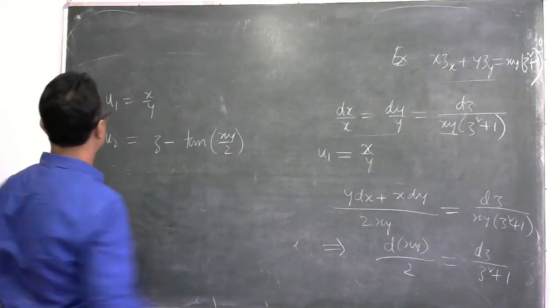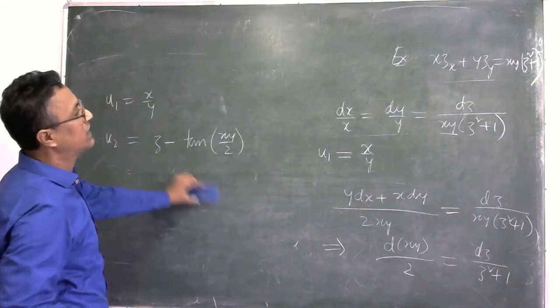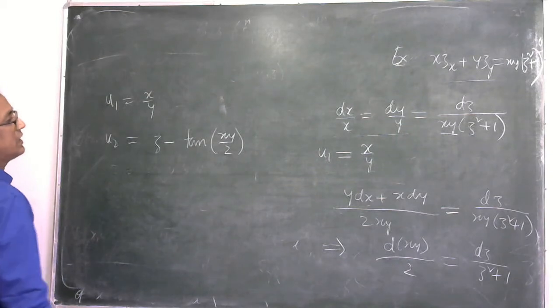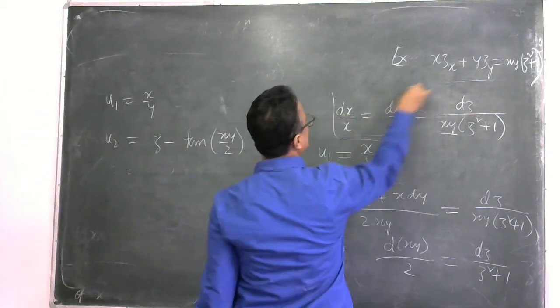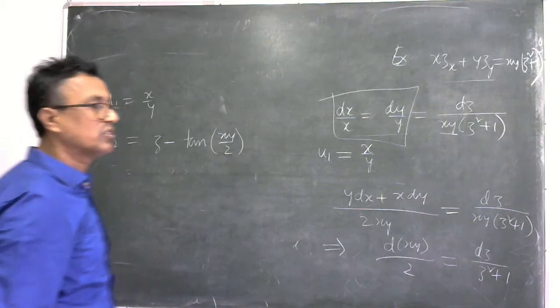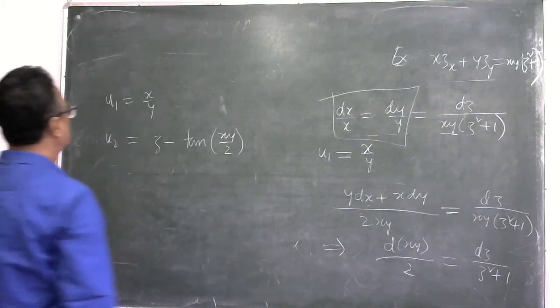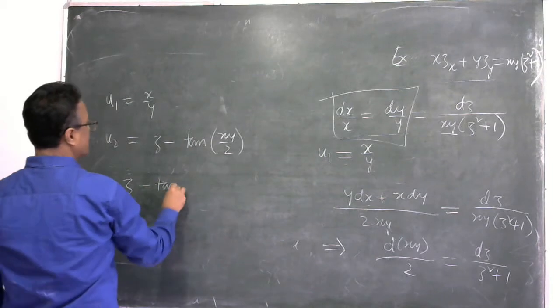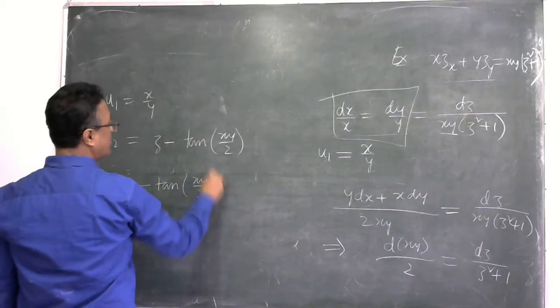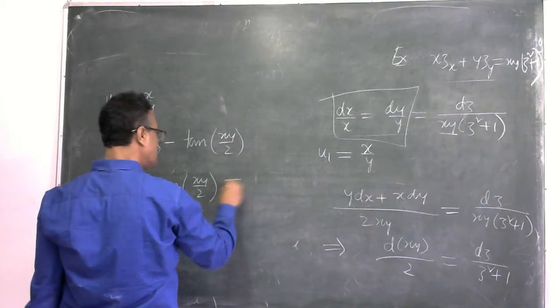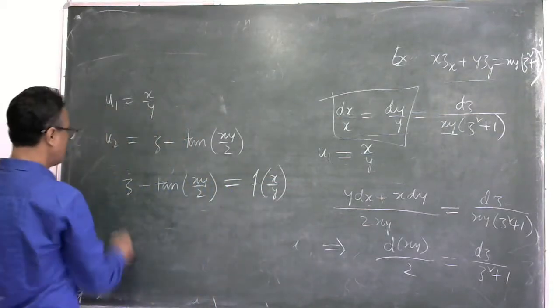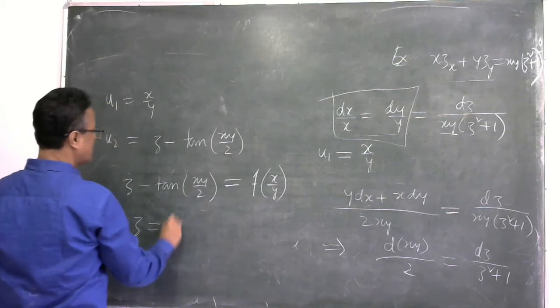And from this, what I can do, as you have already seen, here these two simply involve functions of x and y only, right? So I can easily write it as something like z minus tan xy by 2, and this is equal to some function of x by y. So my solution is something like this.